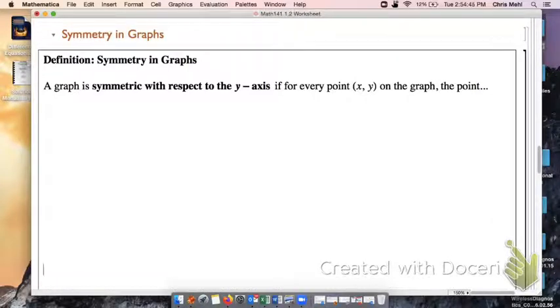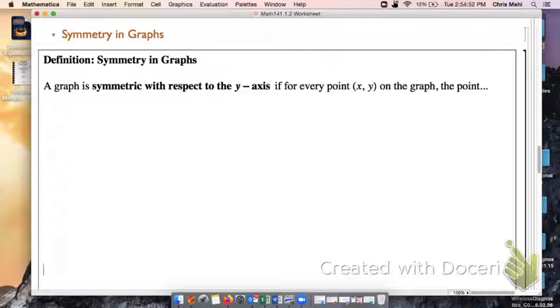Okay, so a graph is symmetric with respect to the y-axis if for every point that's on the graph with coordinates x, y, okay, so take any point on the graph, and I want it to be symmetric with respect to the y-axis.